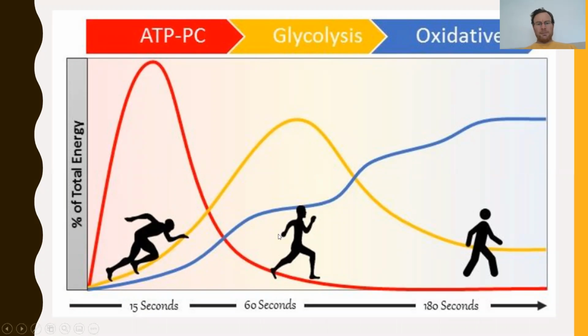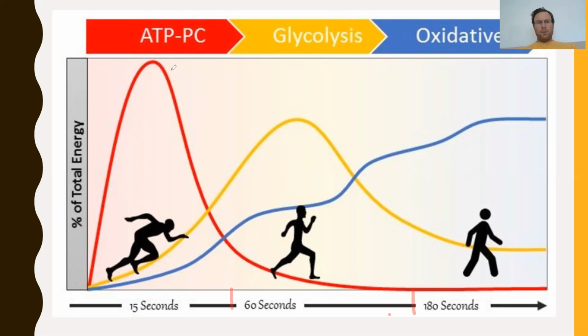So this picture is quite a common sight you'll see to show the distinctions of the different systems. The important thing to look at with this picture is where things start to cross over. This first bit is in 15 seconds. This next bit is up to a minute, and then from there it goes on from 3 minutes onwards.